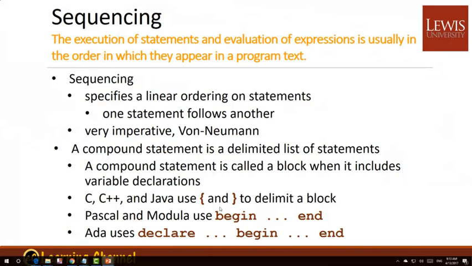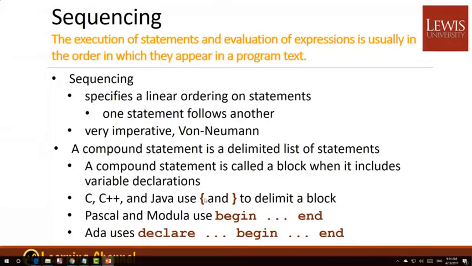And in different languages, you have different ways of constructing a block. In C++ and Java, we see these braces, left brace and right brace, and some people call this curly bracket.